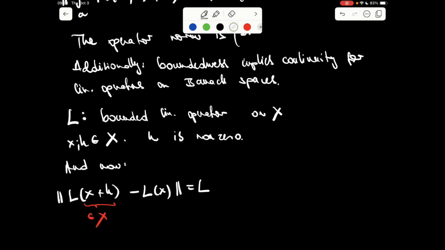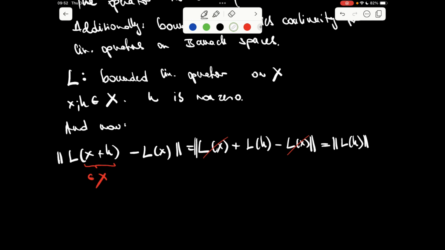And by the linearity of the operator, we have this guy, which simply equals the norm of Lh.